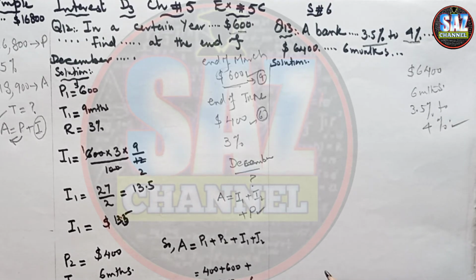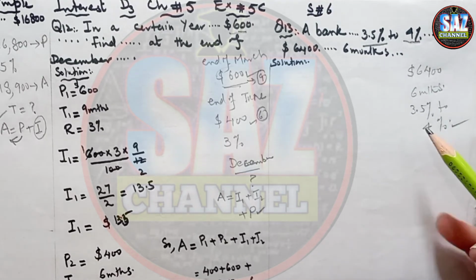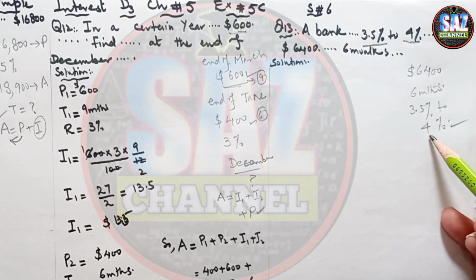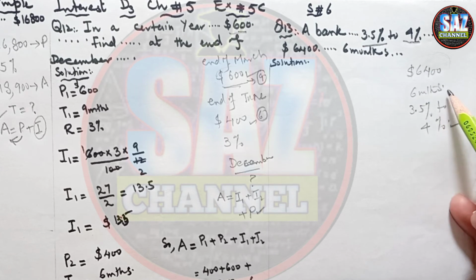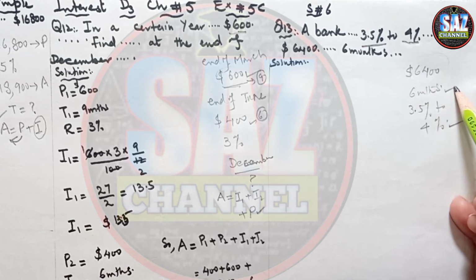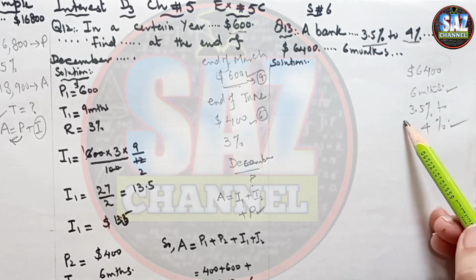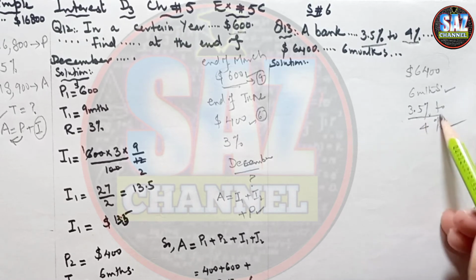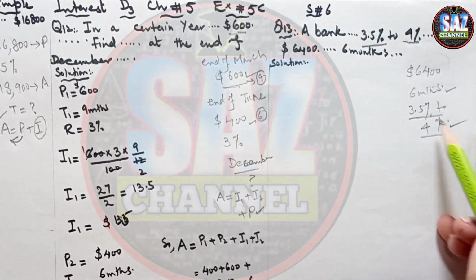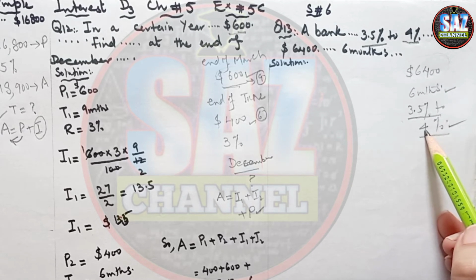Okay, so there are two ways of solving this question. One way is that we have the principal amount 6,400. We are keeping it in the bank for 6 months, and the time period is given in the question, that is 6 months. There are two interest rates given in the question, one is 3.5 and one is 4.